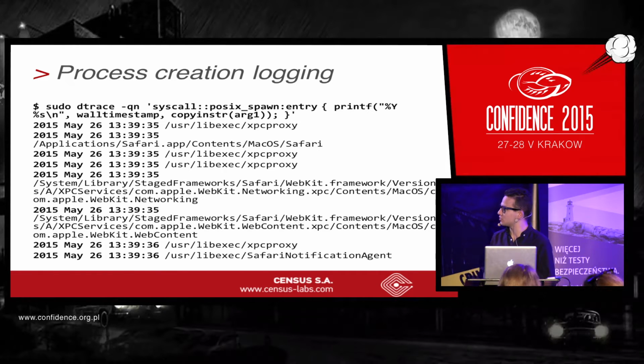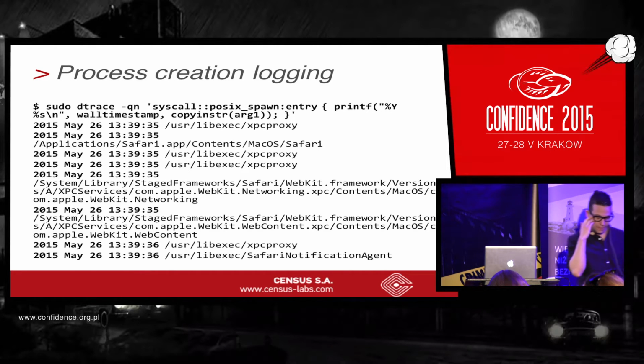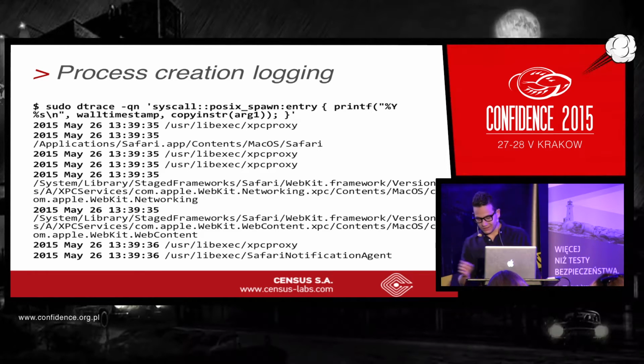So you actually need to put the probes on posix_spawn, along with the timestamps. It's interesting because Apple doesn't always do things straight, so it is interesting what exactly is happening in your system. You might be surprised.